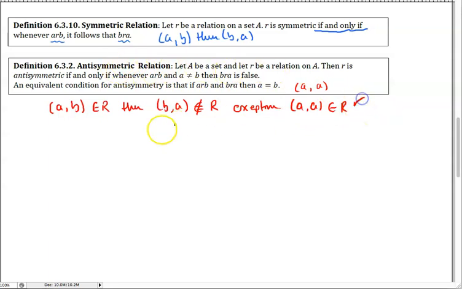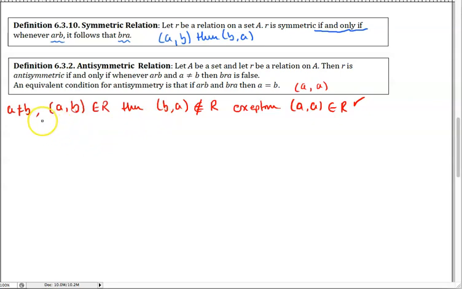It's only if a and b are different. So for a and b different numbers, if (a, b) is in R, then (b, a) cannot be in R, and that makes it anti-symmetric.